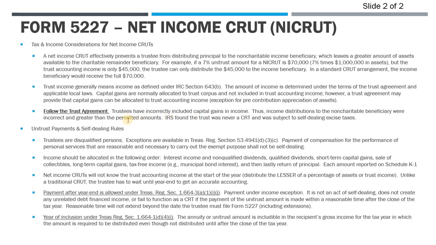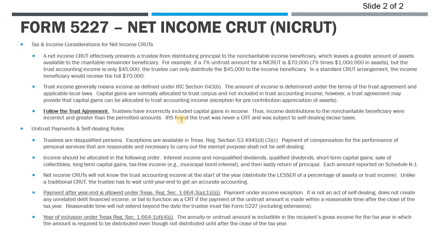So a very important teaching point here is, follow the trust agreement. This has happened many times where trustees are incorrectly adding capital gains to income, or they're just calculating trust accounting income wrong. And so it results in an income distribution, a Unitrust payment to a beneficiary, that is not correct.